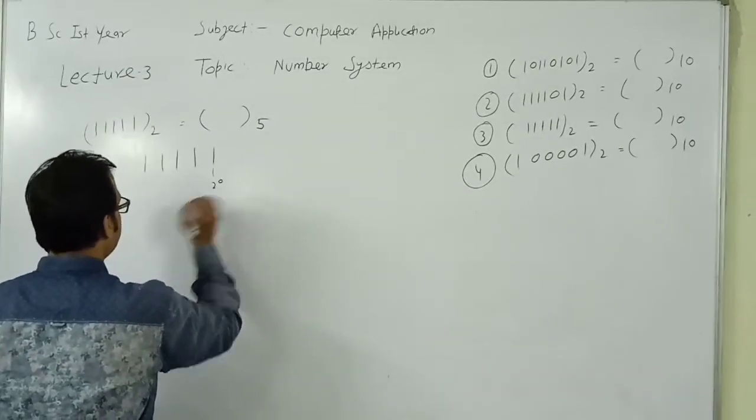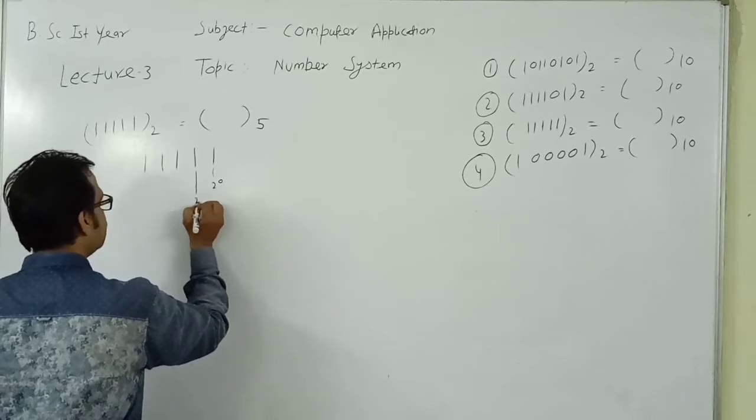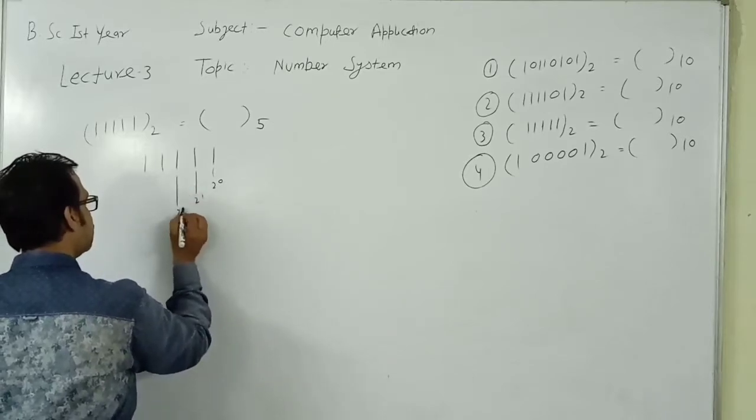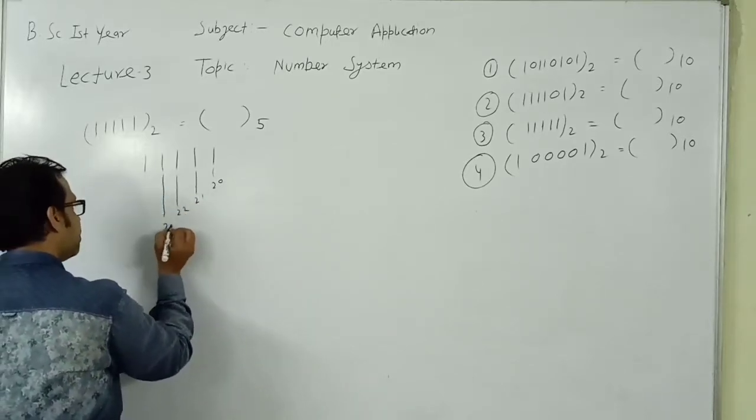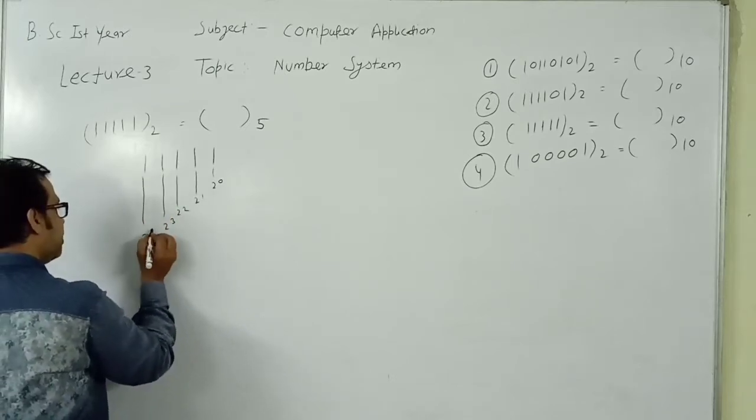Use the base power: 2 to the power 0, 2 to the power 1, 2 to the power 2, 2 to the power 3, and this one is 2 to the power 4.